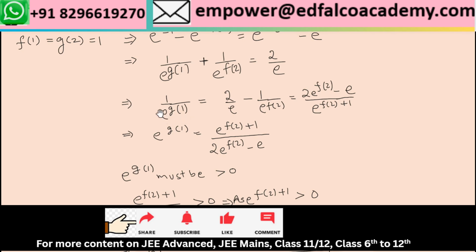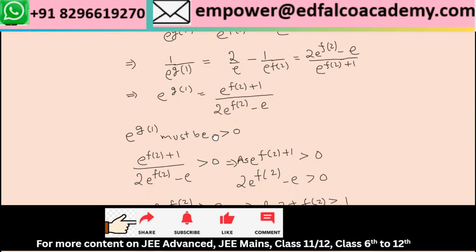So therefore, this entity on the left hand side, 1 by e to the power g of 1, must be greater than 0. And therefore, what we are getting on the right hand side, which is nothing but the value of 2 by e minus 1 by e to the power f of 2, which turns out to be 2 e to the power f of 2 minus e by e to the power f of 2 plus 1. This value must be greater than 0. So therefore, that's what has been done.